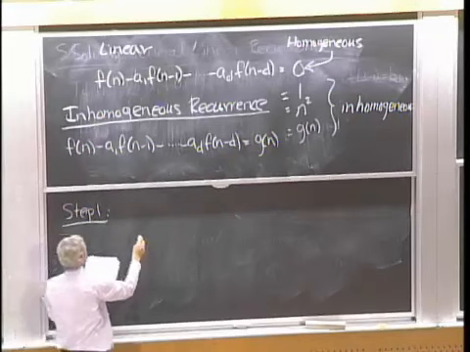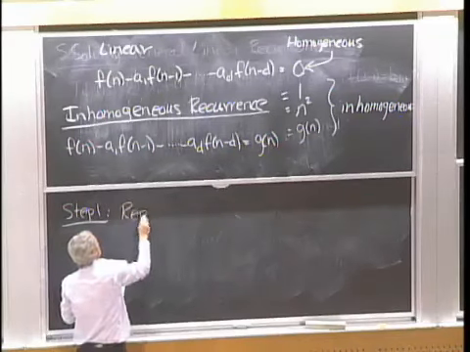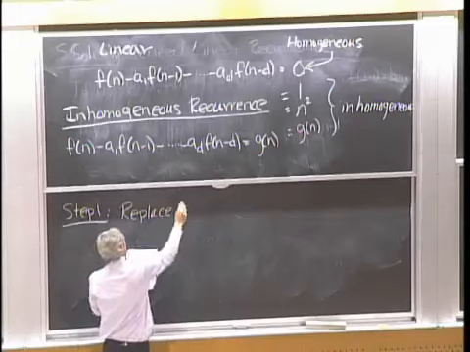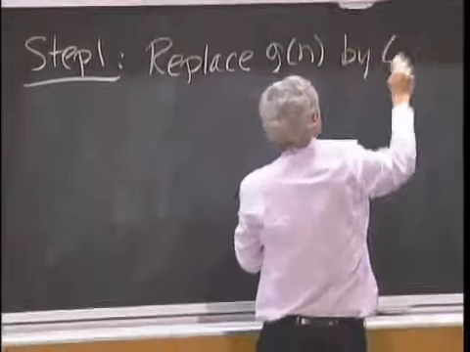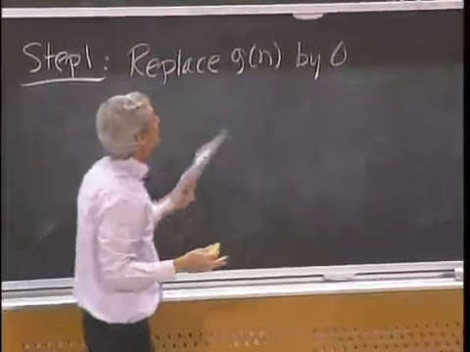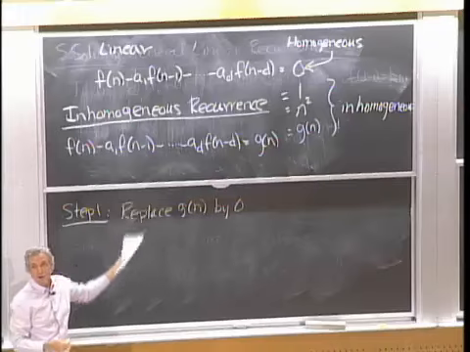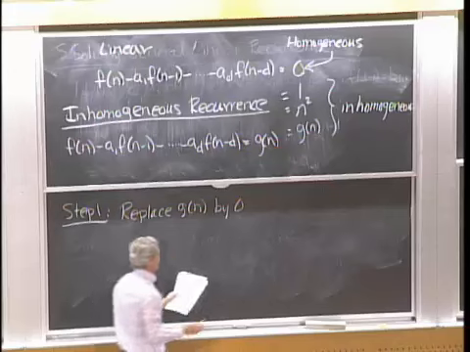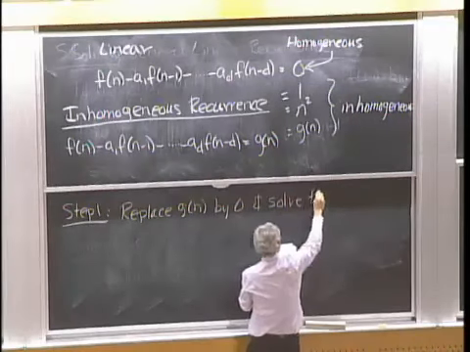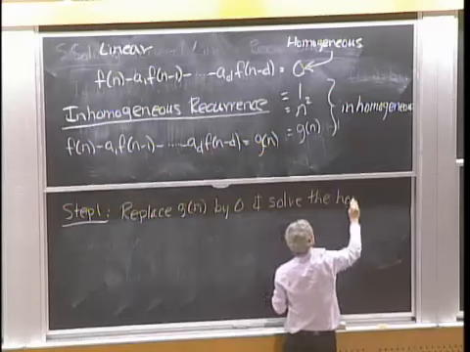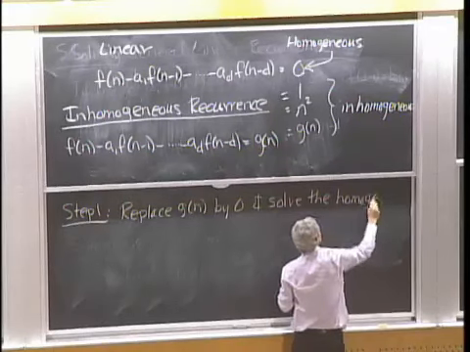In step 1, we replace g of n by 0, thereby creating the situation we already know how to solve. And we solve the homogeneous recurrence, because you got a 0 there now.